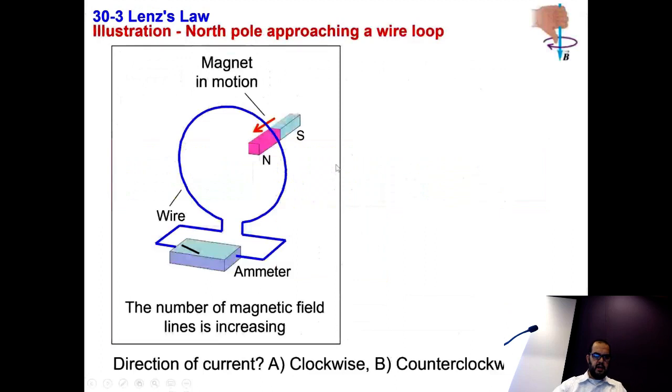Okay, so here, if we have the North Pole getting closer to the loop, we're pushing this permanent magnet into the loop, and I want to determine the direction of the induced current in this loop.